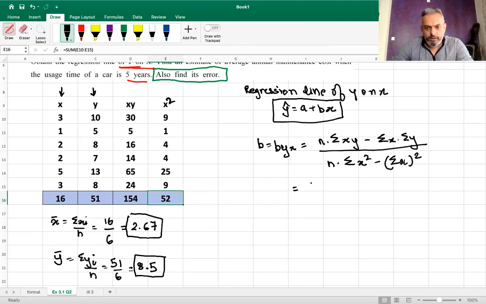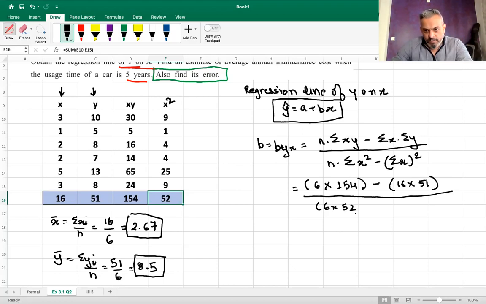Which is equal to N is 6 into sigma XY is 154 minus sigma X is 16 into sigma Y is 51 upon 6 into sigma X square is 52 minus sigma X 16 the whole square.